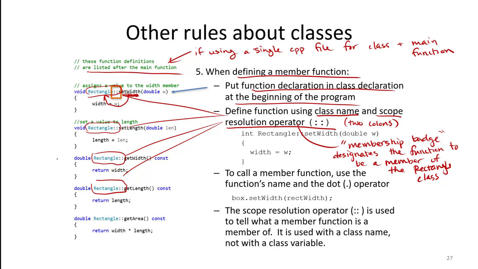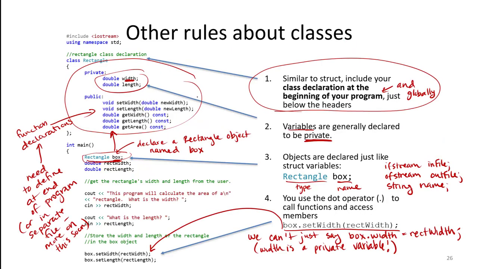I need to be able to clearly tell the compiler which of these functions I'm defining are actually members of my rectangle class. So the class name and scope resolution operator, these tell our compiler that that function is a member function as we had declared in our class declaration.